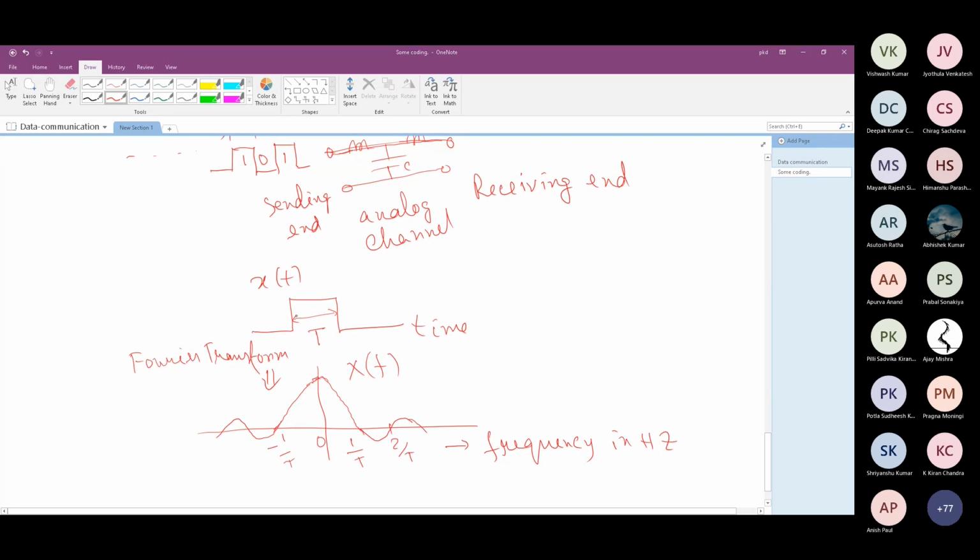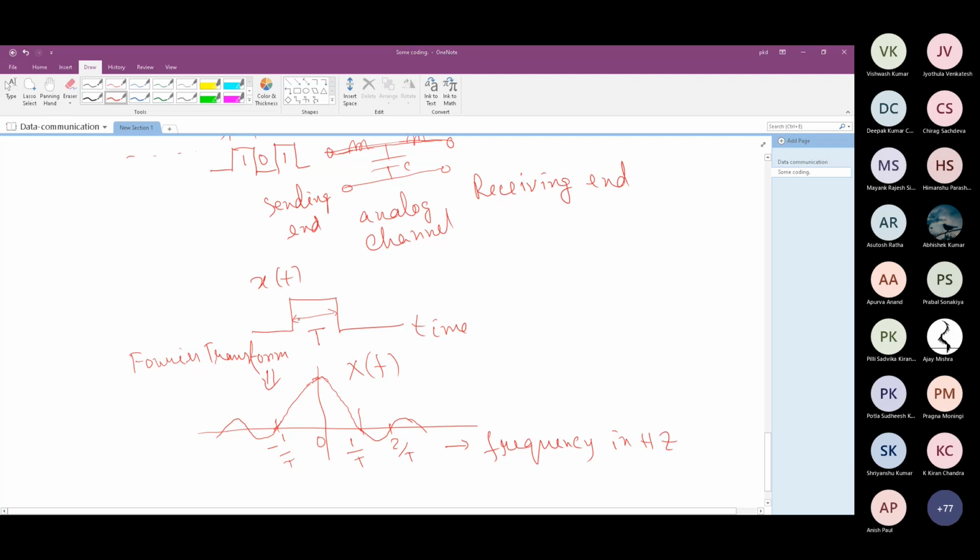This is a square pulse. The frequency domain representation will be given by that. So to represent this signal, at least I require this much bandwidth.